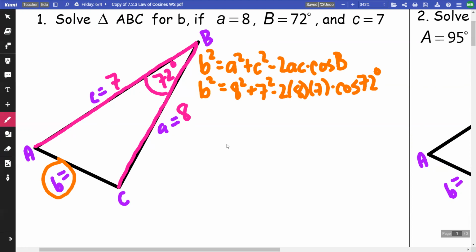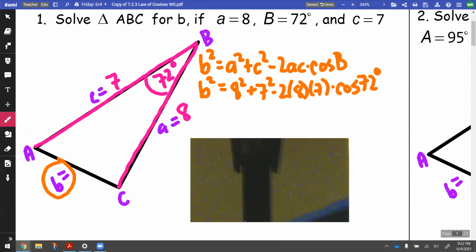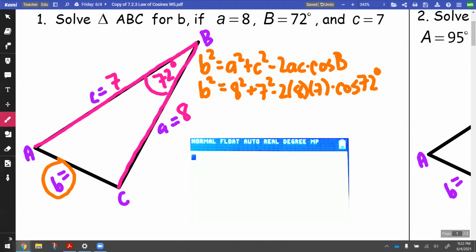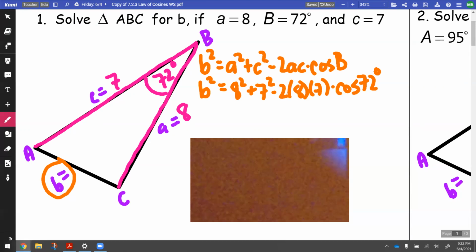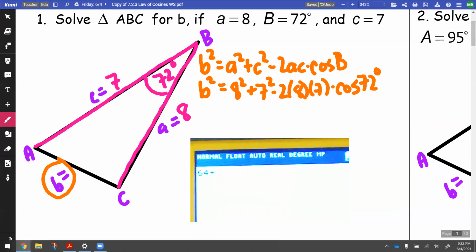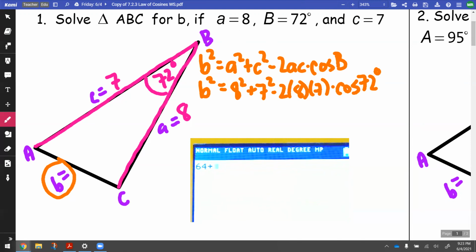I am going to put that into my calculator: 64 plus 49 minus 2 times 8 times 7 times cosine of 72. You want to make sure your calculator's in degrees, which it is.